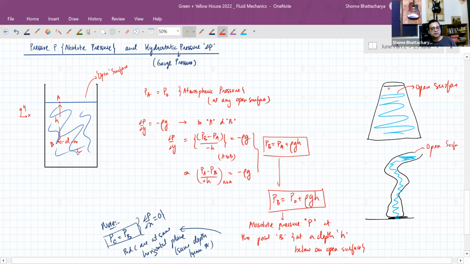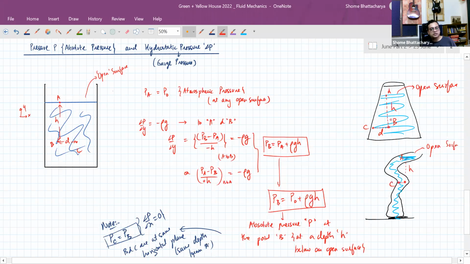And I have again labeled this point as A. Suppose vertically below it, I have another point B, which is at a depth of H. And at the same horizontal level, I have another point C, which is at a distance D. In the same way over here, if this point is A, I have some point directly below it, which is at a depth of H, and then any other point at the same level.